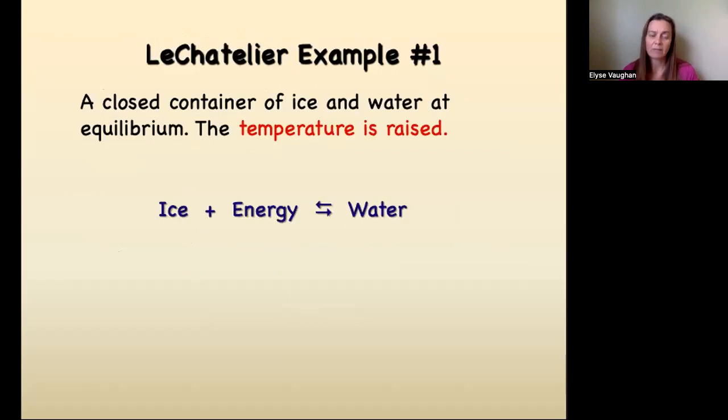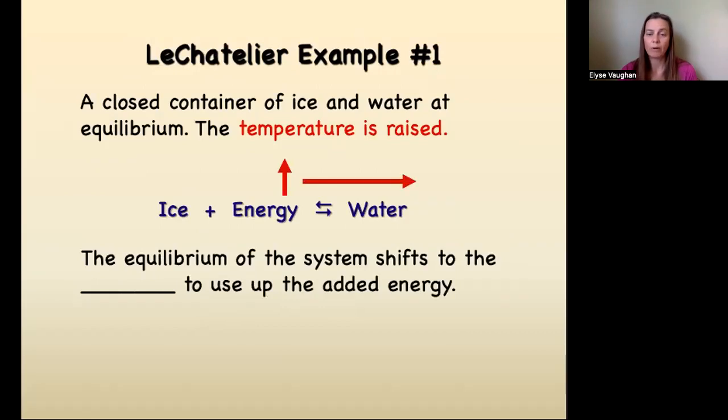If we have ice and we have water in the same container and we add energy in the form of heat, we raise the temperature, we know that some of our ice is going to melt and it's going to become water. And so the equilibrium of the system is going to shift to the right to use up that added energy. I always like to start with this example because this one feels like common sense to us.